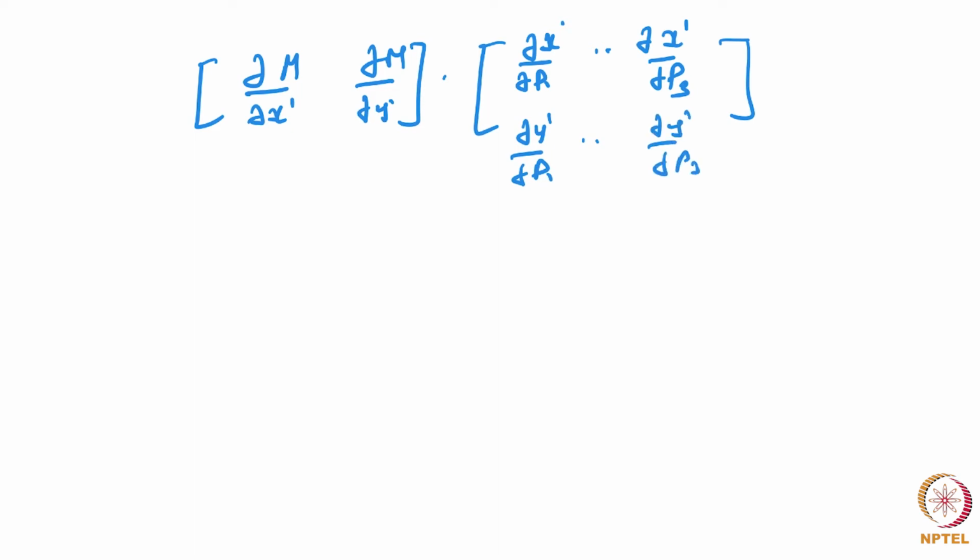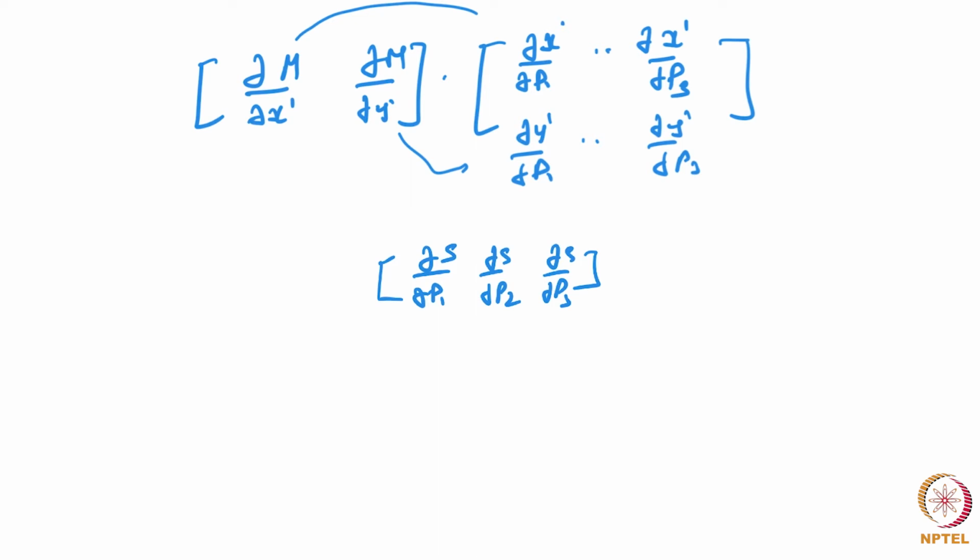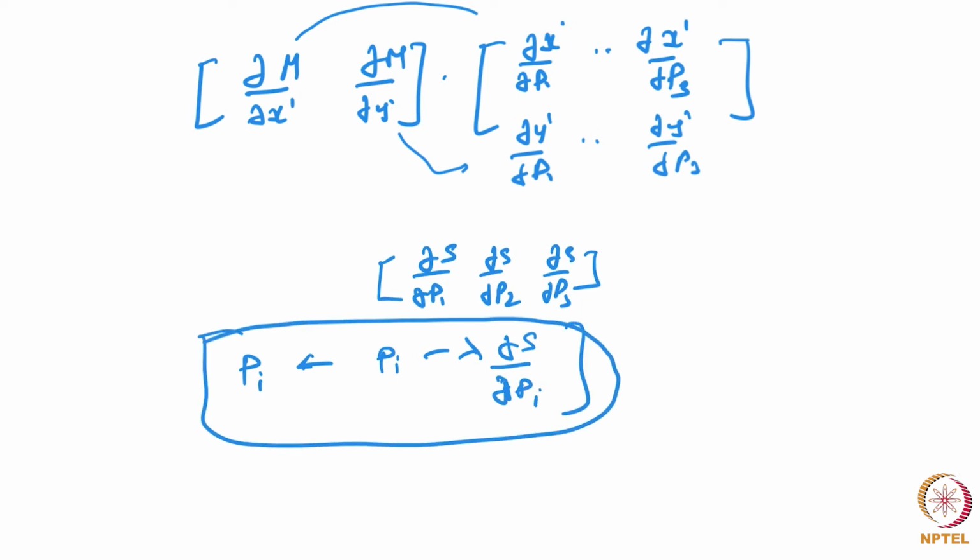You multiply row by column, and you end up with three components, which correspond to delta S by delta p1, delta S by delta p2, delta S by delta p3. Then you do the gradient descent step, which is basically p_i goes to p_i minus some lambda times delta S by delta p. That's how you would do gradient descent to estimate the parameters.